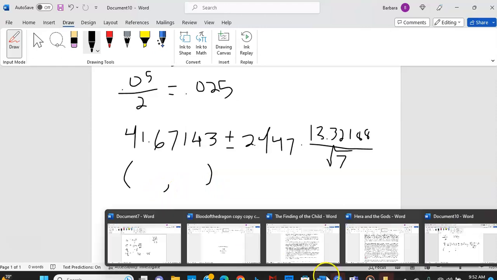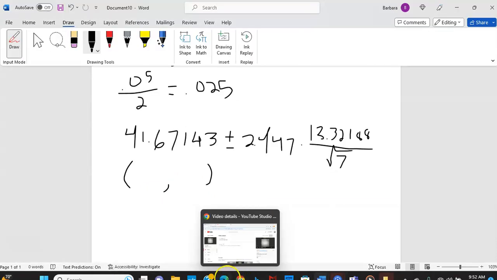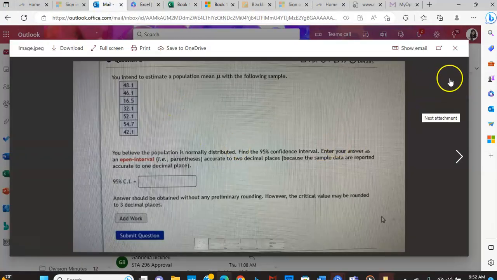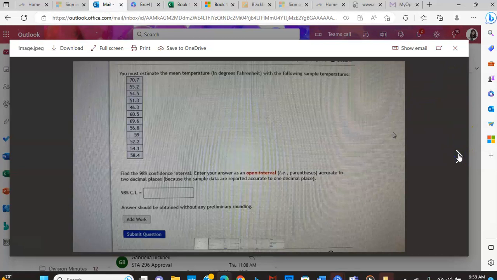All right, now let me see what your next one was. Okay, so I think it's just your t-value. This is sort of the same thing as we just did. So you should be okay with doing that one because it is similar.